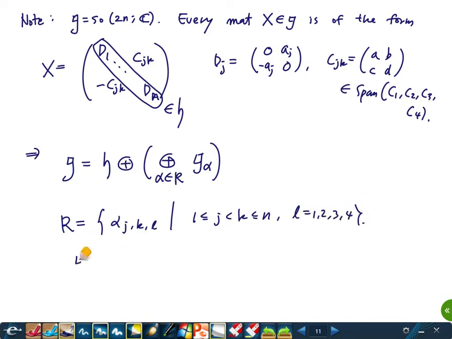And of course G_alpha means the span of the root vector, which is X_jkl. So we found, in fact, all roots and all root vectors. But of course, we still have to prove that H is really a Cartan subalgebra. We haven't checked that.